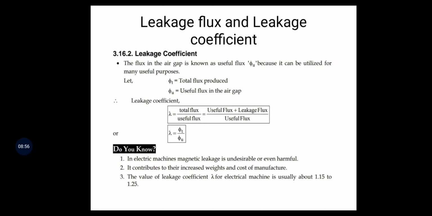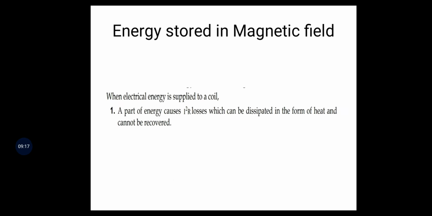The total flux is useful flux plus leakage flux, so lambda equals total flux phi t by useful flux phi u.